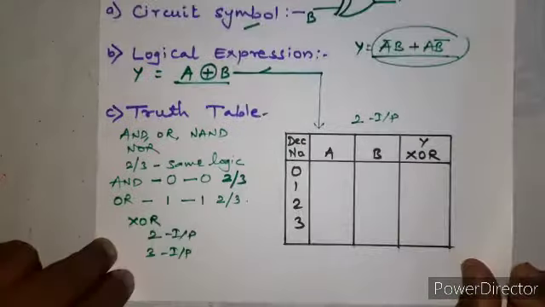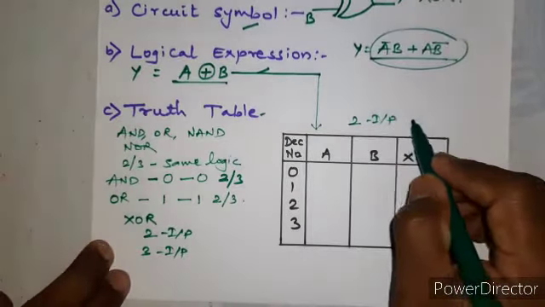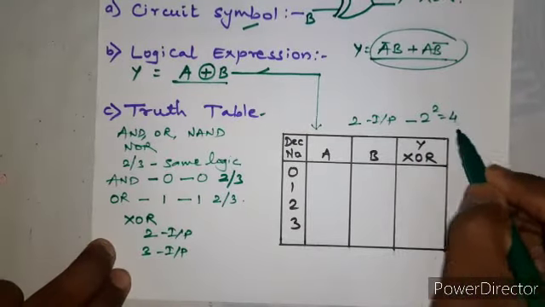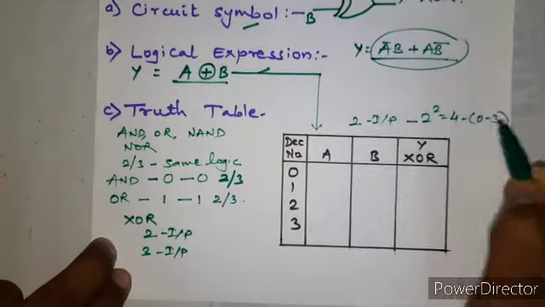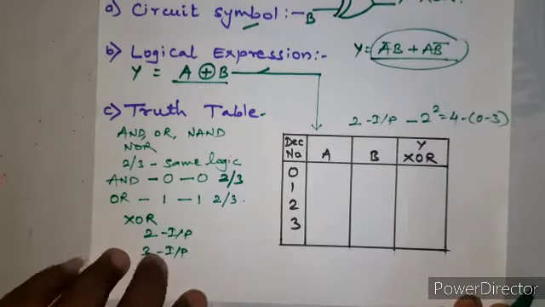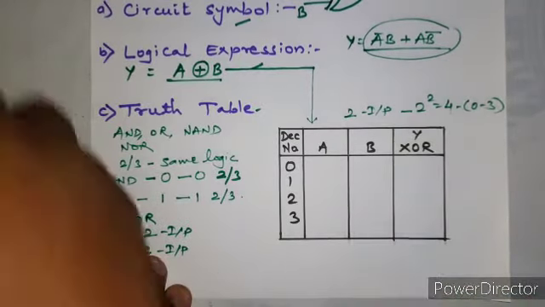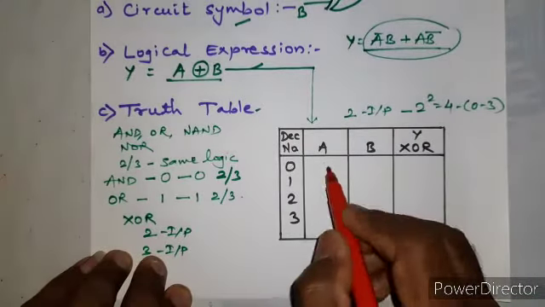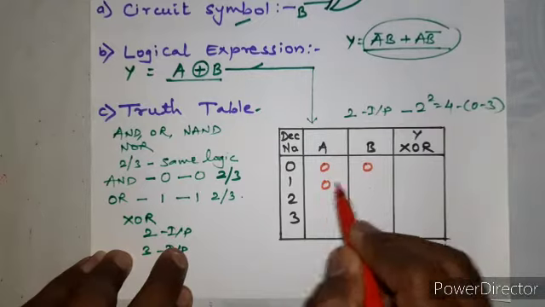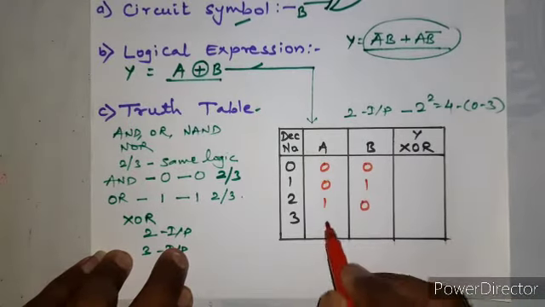Since it is 2 inputs, 2 raised to 2 is 4, meaning 0 to 3, so we have these 4 input combinations: 0 0, 0 1, 1 0, 1 1.